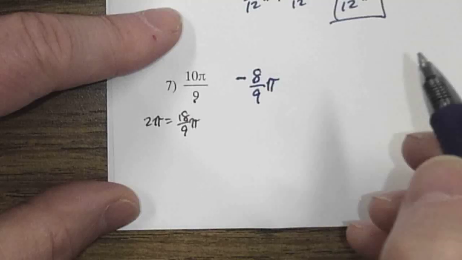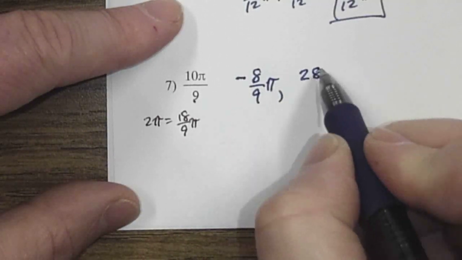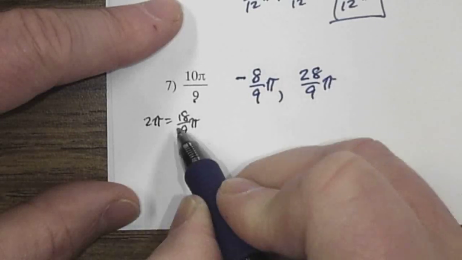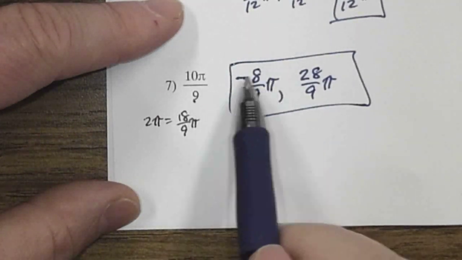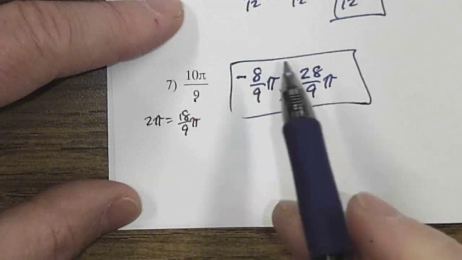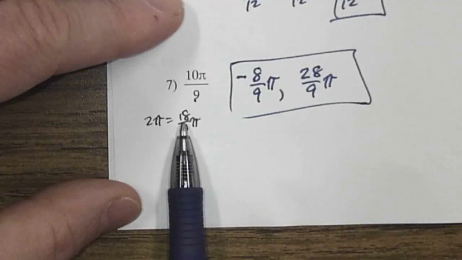Because 10 plus 8 is 18. And then my second one is 28 over 9, because 18 plus 10 is 28. Boom. So I need two numbers, one positive, one negative. If we disregard the negative, those two numbers add up to 2 pi. So in this case, 18. And then add the 2 pi to it.